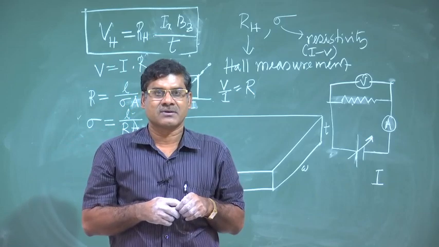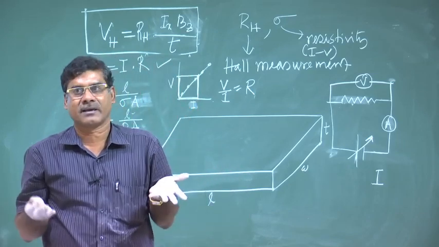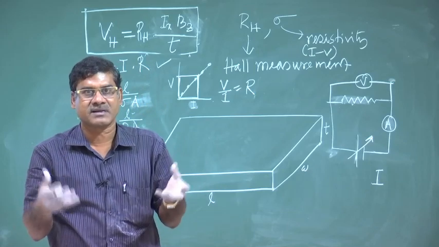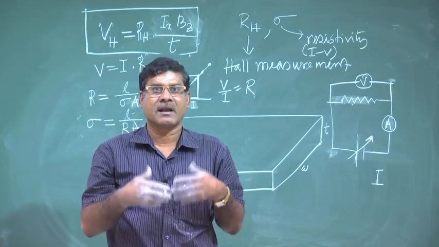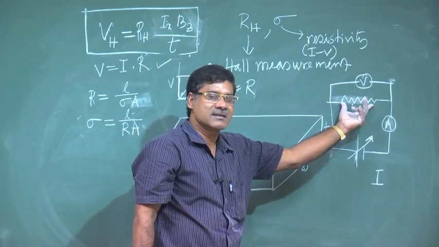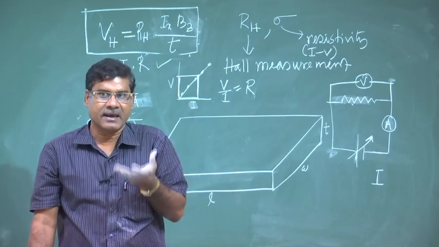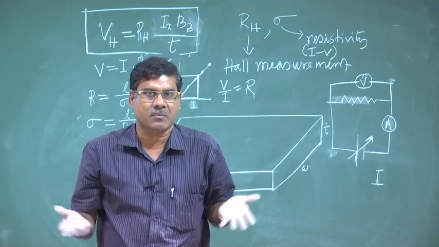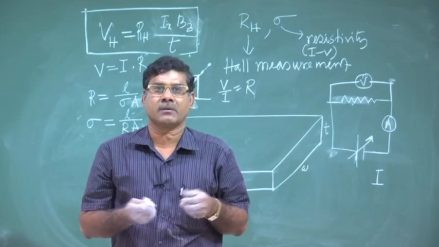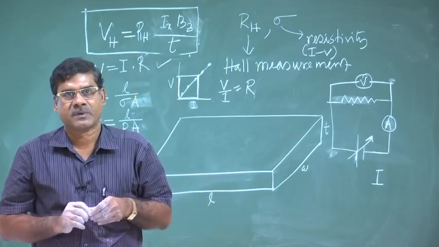So, for a particular current the voltage drop will be high, and the conventional voltmeter and ammeter are sufficient for this high resistance. But here the resistance is very small. If you take a metal, of course the resistivity is very small, so the voltage drop will be very small, right.